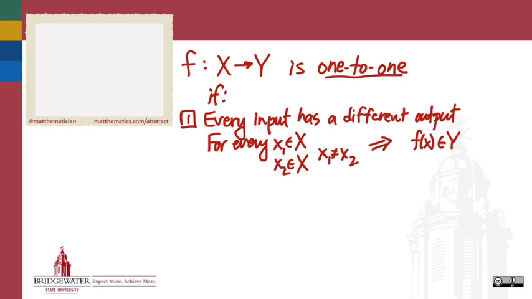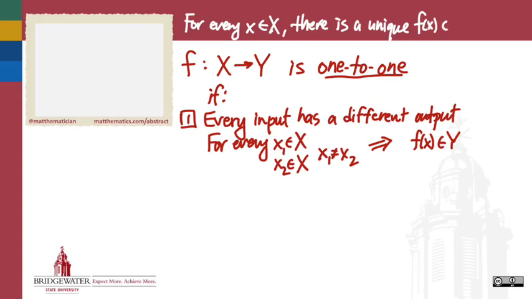Well, I was going to say that every input x has a unique output y. Let me put that observation up here on top. For every x in the domain, there is a unique f of x.